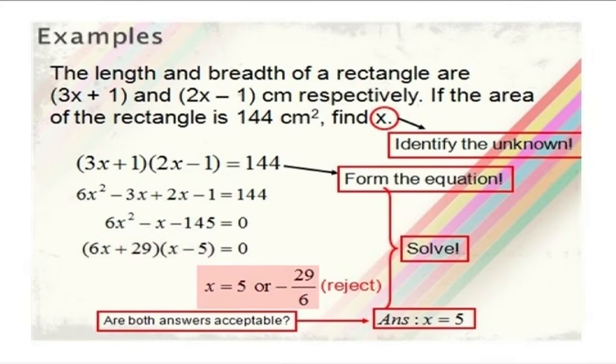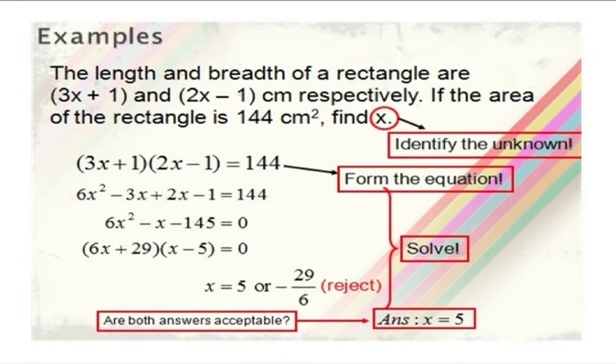Here x equals 5 or x equals minus 29 by 6, because 6x plus 29 equal to 0 gives 6x equal to minus 29, x equals minus 29 by 6. Similarly, x minus 5 equal to 0, x equals 5. Therefore, x has two values, 5 or minus 29 by 6.